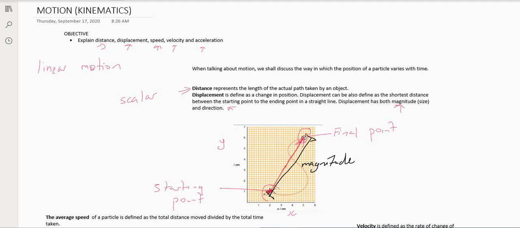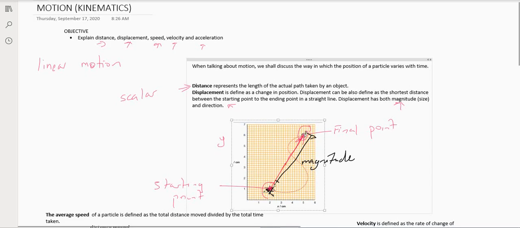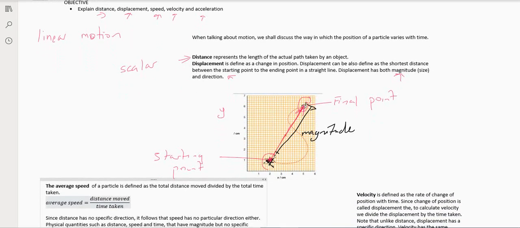So whatever length we get here is going to be the magnitude. And we can use some trig ratios to find his direction, from where he started to where he ended. So our direction would be somewhere on this side. So that would cover what we need to know so far in regards to displacement.